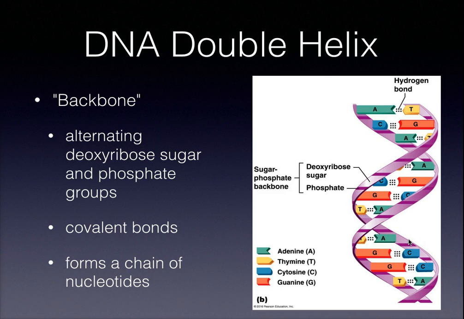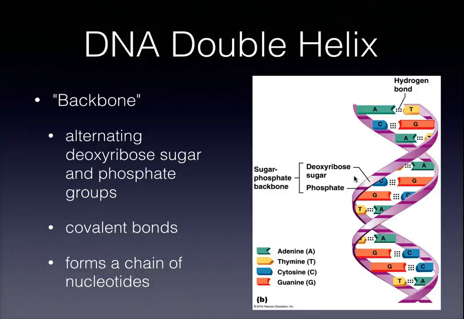And those are alternating deoxyribose sugars that are covalently bonded to phosphate groups. Okay, so you've got this deoxyribose sugar that is going to be bonded to a phosphate, then a sugar, then a phosphate. And so this is the way that the nucleotides are linked together.